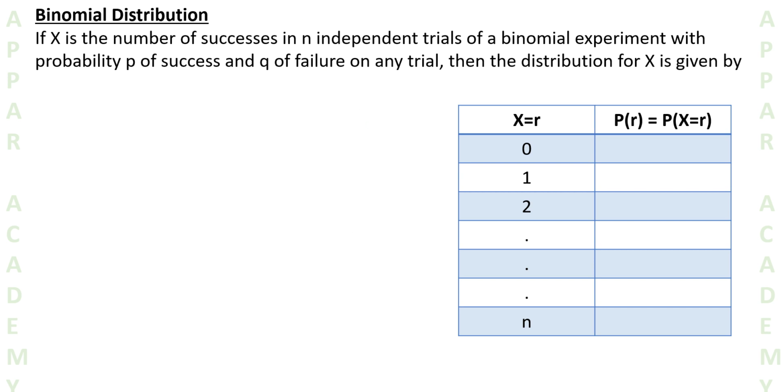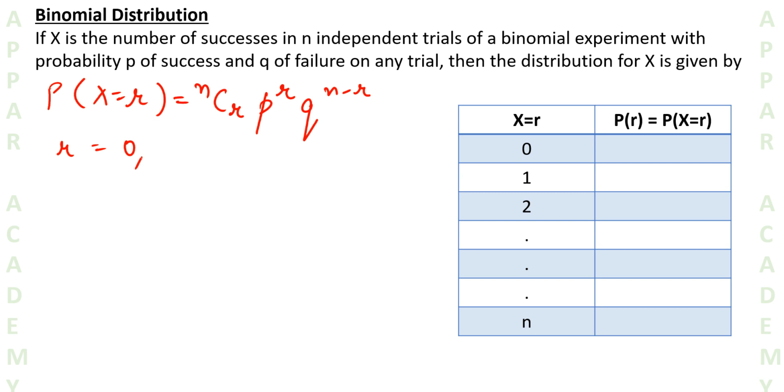So let's see. If X is the number of successes in n independent trials of a binomial experiment with probability p of success and q of failure on any trial, then the distribution for X is simply given by probability of X equal to r is equal to nCr into p to the power r into q to the power n minus r, where r is equal to 0, 1, 2, 3, and so on till n, and q is equal to 1 minus p.